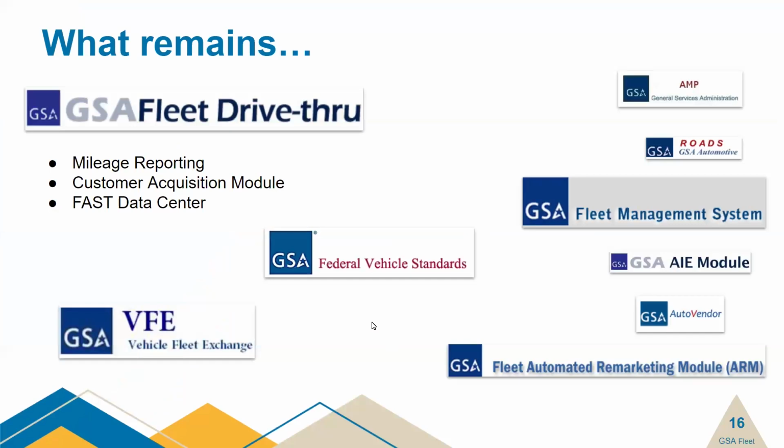So currently, we broke it down into systems. What is still left? On the left-hand side of the slide, you'll see what we still have, which are the major chunks: drive-through, which still has mileage reporting, the customer acquisition module, and the fast leasing data center, which is going to be moved over between the summer and the fall.